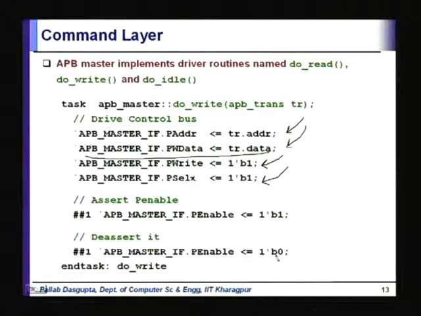That is what will happen in the read transaction. So this is the part of the test bench which is actually doing the read or write transaction.